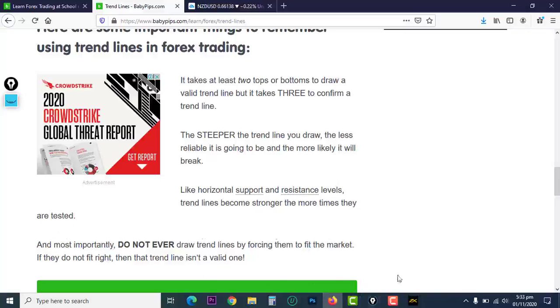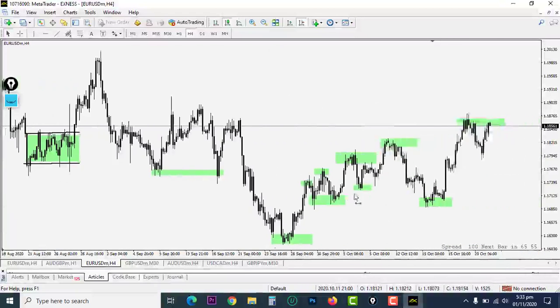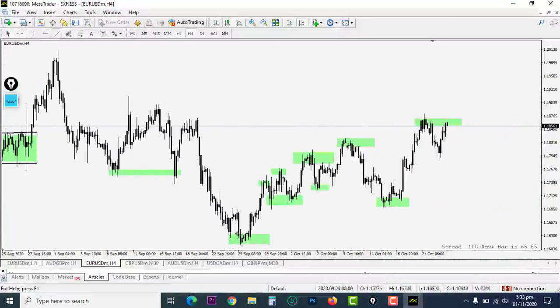Okay, so I do not know if you understand that. It says the more times the trend line is tested, the stronger it becomes. So boom, this is the first one here, second one, and the third time. Let's take another look at this. So what did we just read?